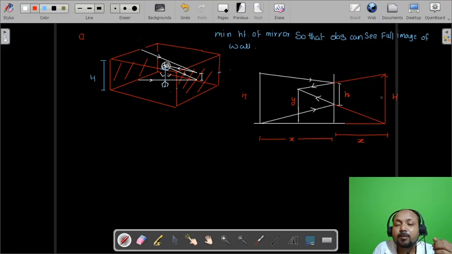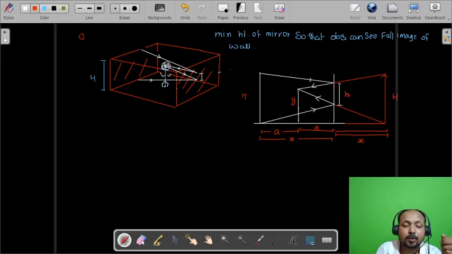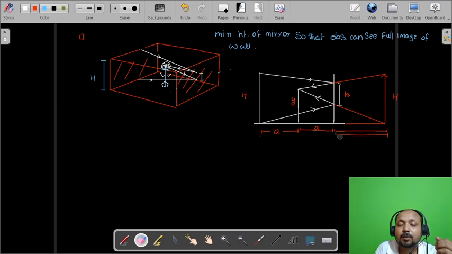Applying the law of similar triangles, h upon this distance. Yes, also one assumption is that the observer is at the center. So this is, let's say, a, and this will also be a. Okay, this will also be 2a. Okay, no need to assume x, and this will also be 2a.